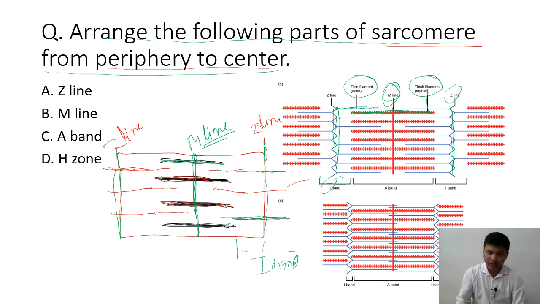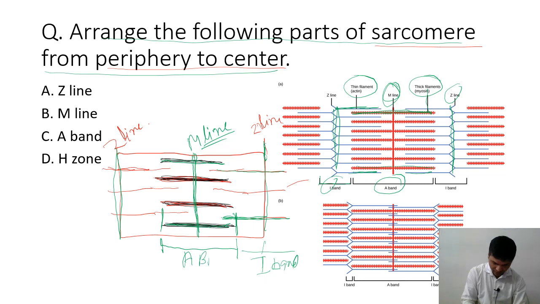Here both are present, myosin and actin, actin and myosin together. That is called the A band, where you can see actin and overlapping myosin.